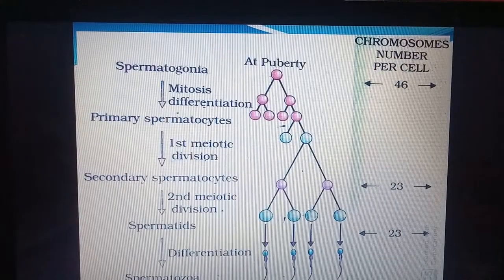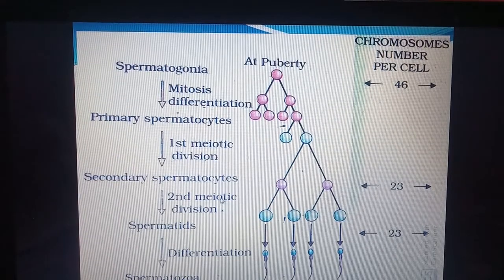Here we can see that spermatogonia at puberty divide by mitosis and differentiation. Then they produce primary spermatocytes. The first meiotic division or reduction division takes place and secondary spermatocytes are produced. Because it is a reduction division, we can see the number of chromosomes gets reduced to 23.